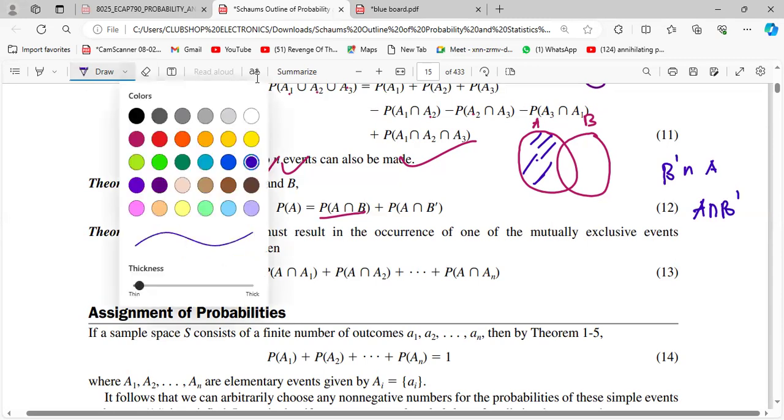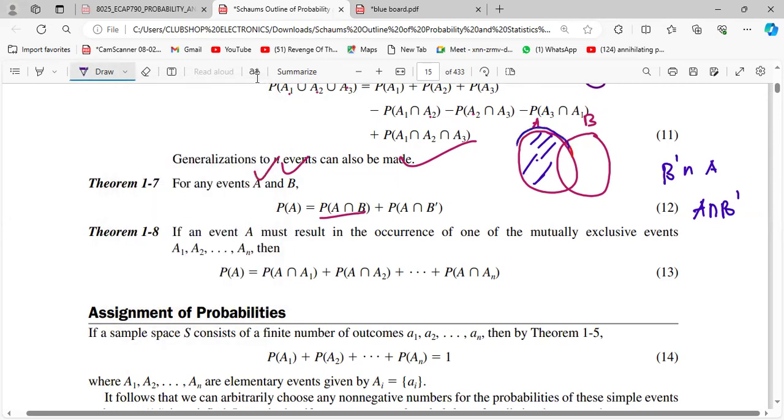Now, if I want to find A, A will be equal to A intersection B complement plus A intersection B. That will be A.